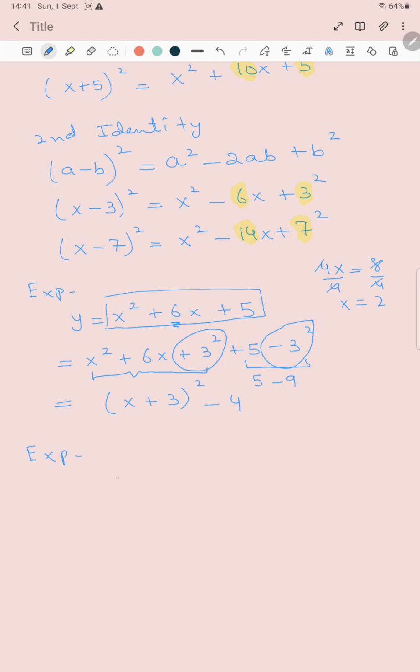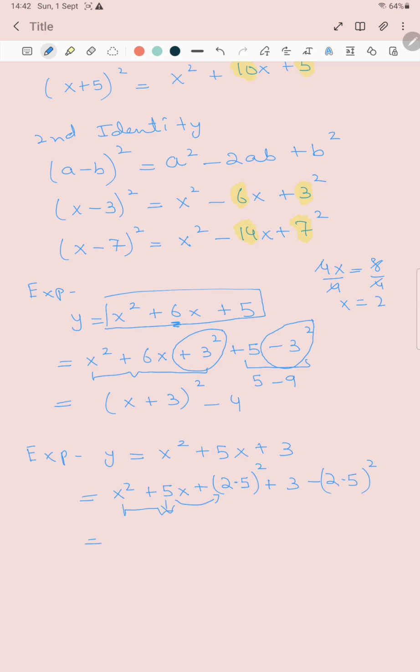The next example is y is equal to x square plus 5x plus 3. Now see, x square plus 5x, leave the space over here, and write plus 3. This is 5, and what is half of 5? Half of 5 is 2.5. So 2.5 square you will add, and 2.5 square you will subtract as well.